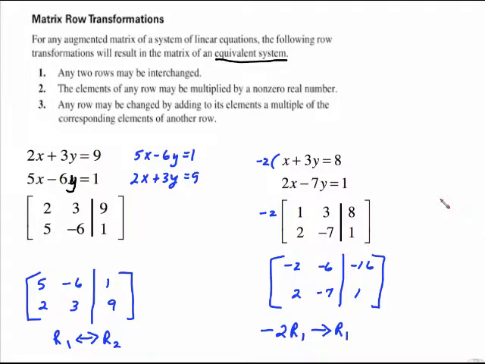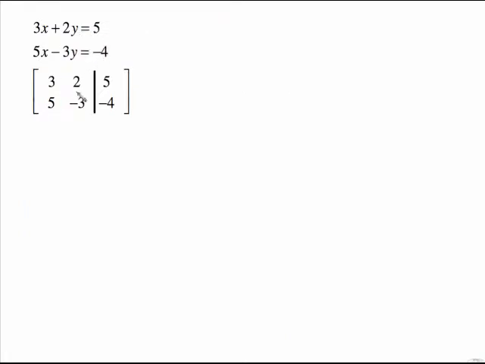Number 3 says any row may be changed by adding to its elements a multiple of the corresponding elements of another row. So here's my system, here's my augmented matrix, and let's say for some reason I want to multiply 2 times row 1 and add it to row 2 and put it in row 2.